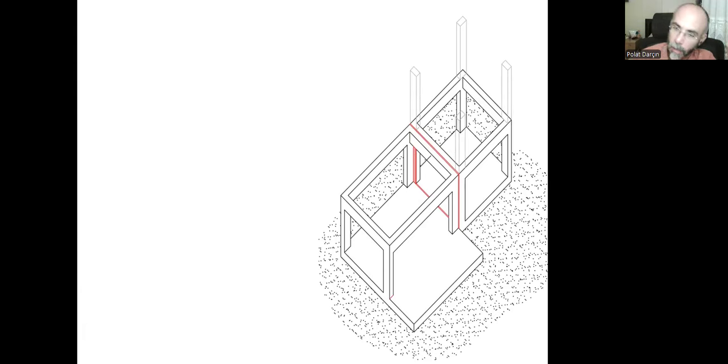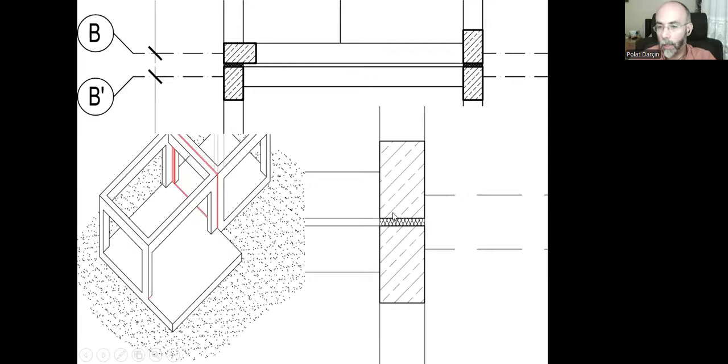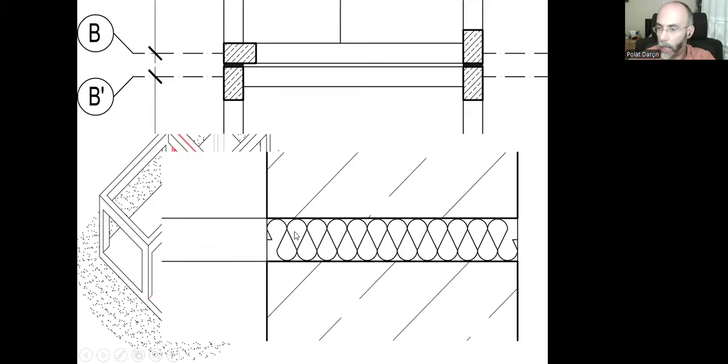So that tiny gap will be created with these XPS boards, and we can indicate them with this special hatch on our plan, because when we do the plan, those XPS boards between 2 columns will be cut, and the thickness will be only 5 centimeters.